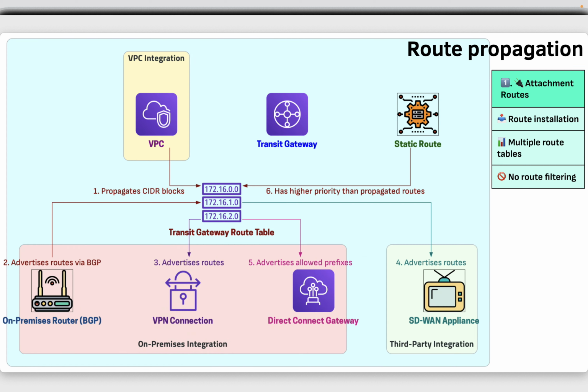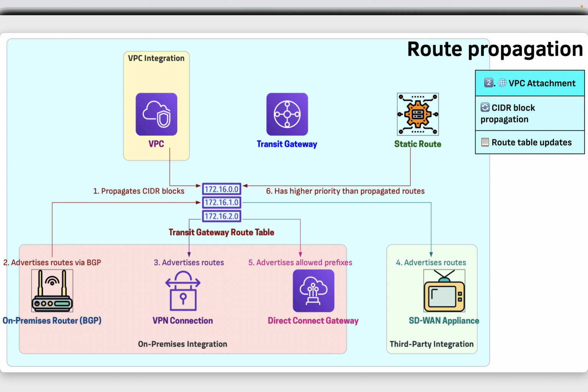So next, something about route propagation specifically. Transit gateway attachments can be configured with routes that can be installed in multiple route tables. Once an attachment is propagated to a route table, its routes are automatically installed, though filtering of advertised routes is not supported. When using VPC attachments, the VPC CIDR blocks are automatically propagated to the transit gateway route table, ensuring proper routing between the VPC and other connected networks.